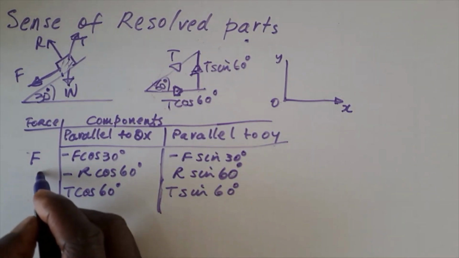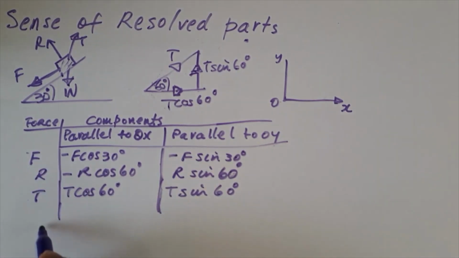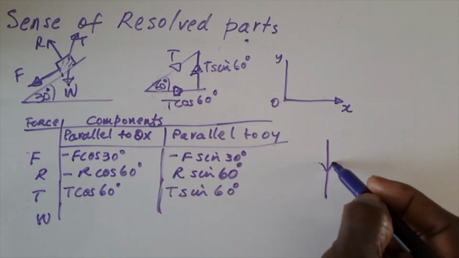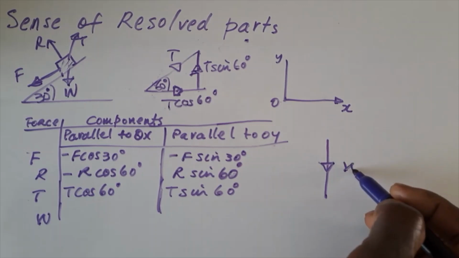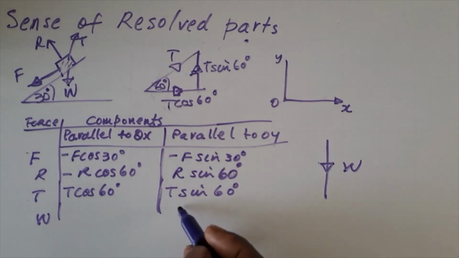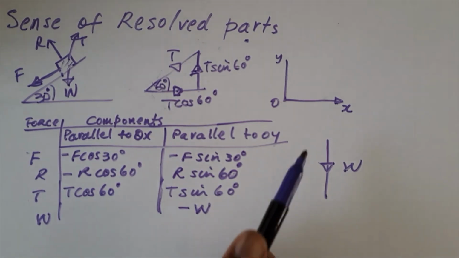So here we have R, there's a force T, and lastly we have W. W is acting downwards, and this was the diagram. So it's parallel to OY, but in the opposite direction, so it's minus W here.